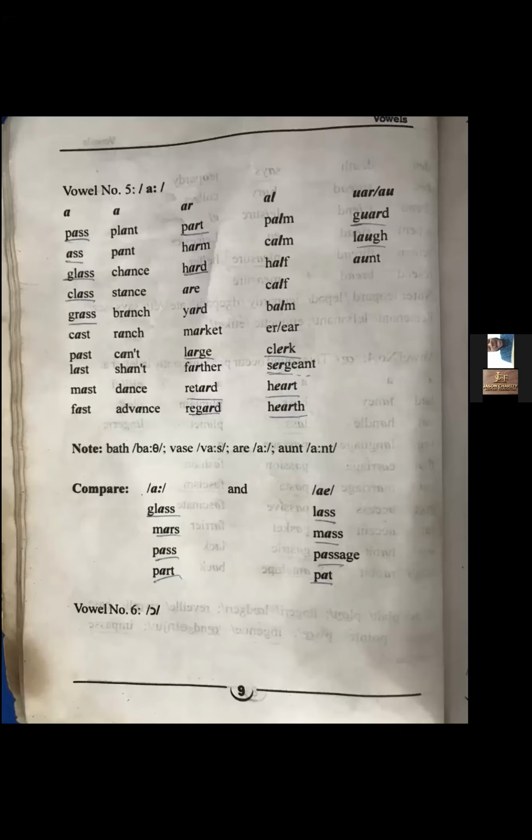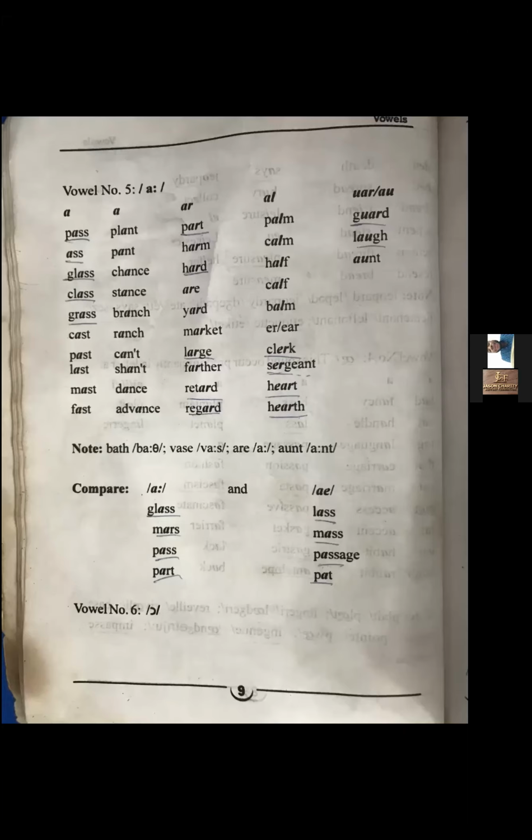The next set of words: plant, pant, chance, stance, branch, ranch, can't, shan't, dance, advance. The next set of words are part, hum, heart, ha, yard, market, large, father, retard, regard.